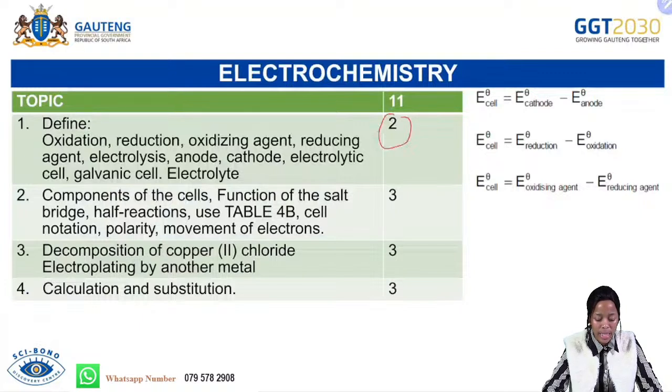With the galvanic cell, you should know the function of the salt bridge. Remember, we've got 3 functions in terms of the salt bridge, so make sure that you know them.